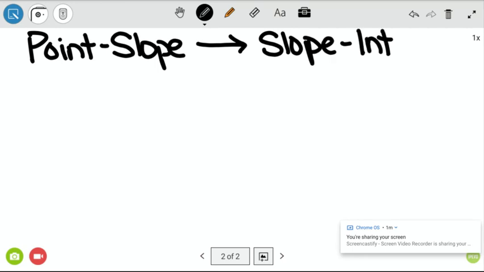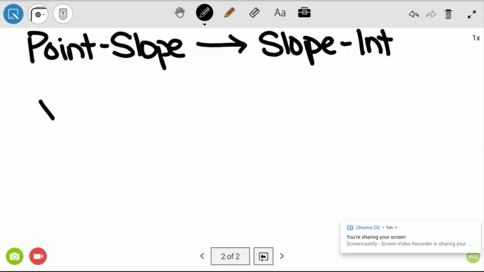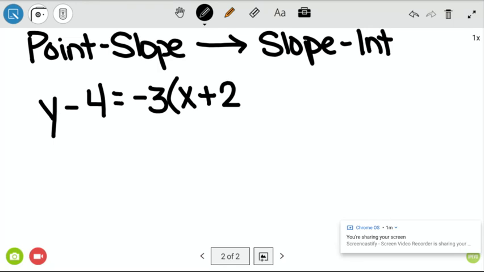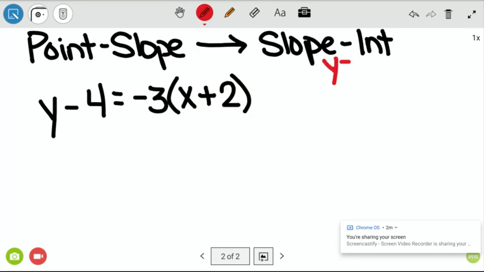So we have to get the y by itself. An example of something in point slope form might look like this: y minus 4 equals negative 3 times x plus 2. Our goal is to make it look like this.